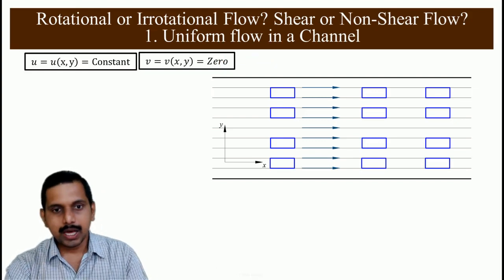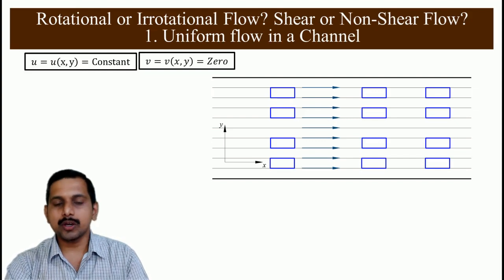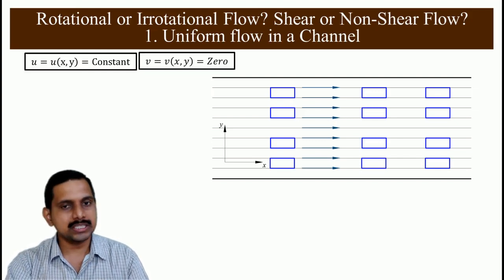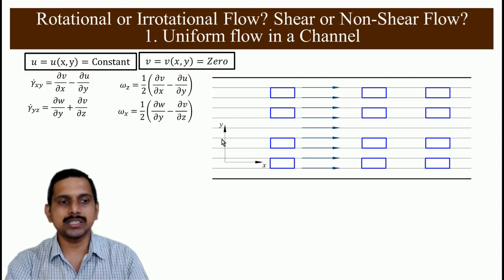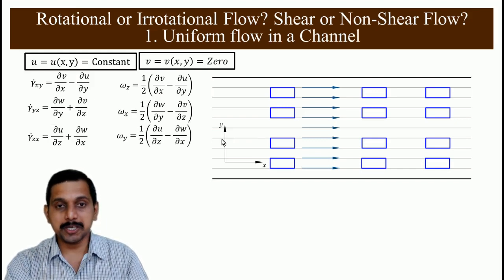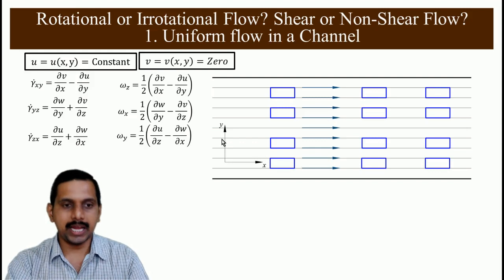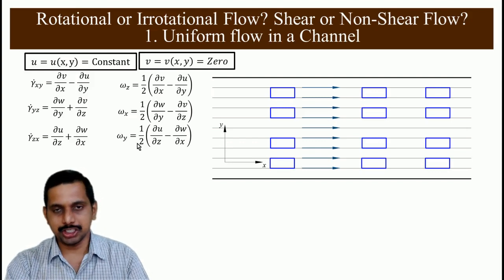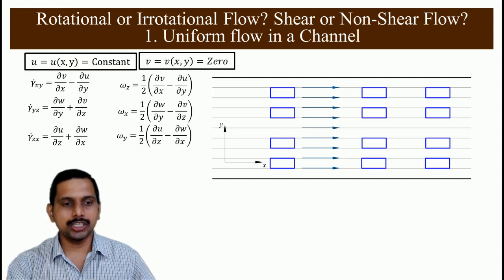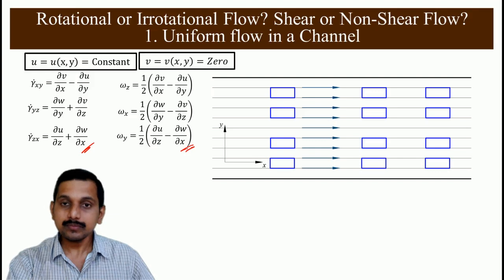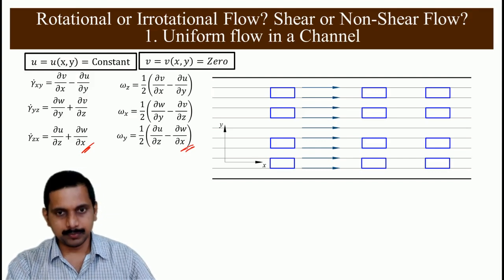Now let us see which coordinate system we have to use. We will use a Cartesian coordinate system, and in Cartesian coordinate system, these are the expressions for rotation rate and the shear strain rate. The first column is about the shear strain rate and this one is the rotation rate. So now let us see what happens here.